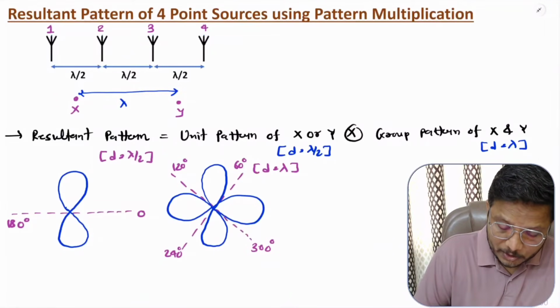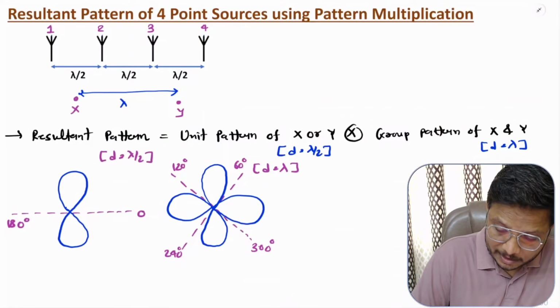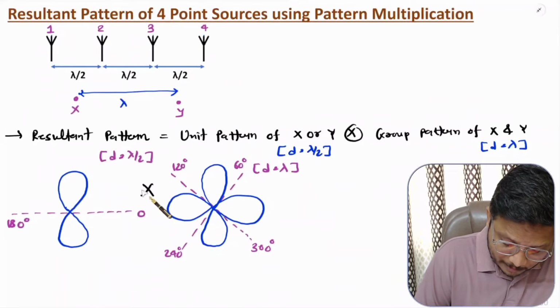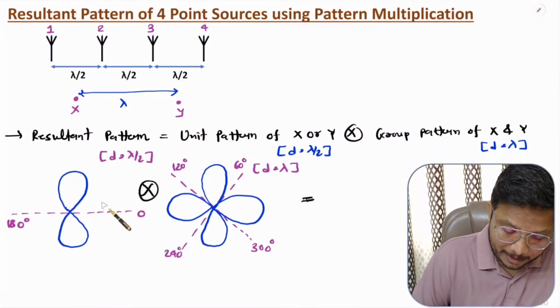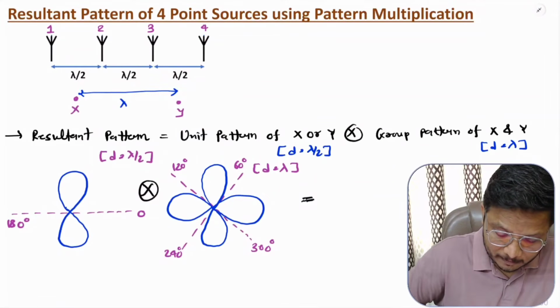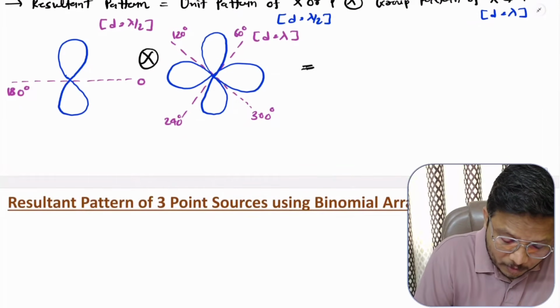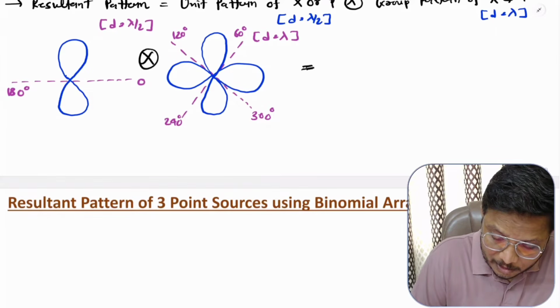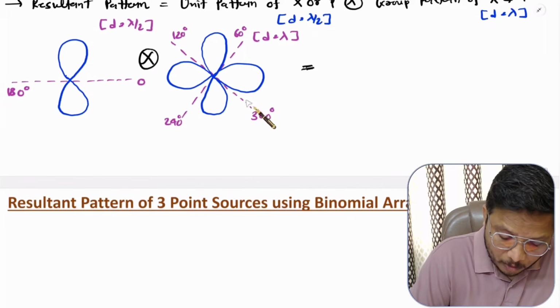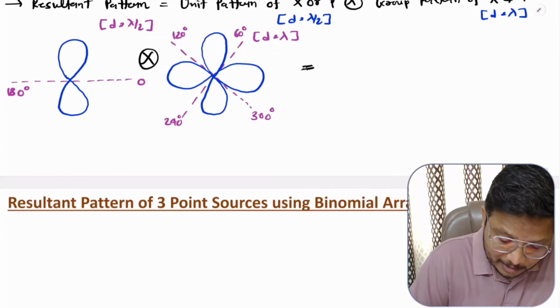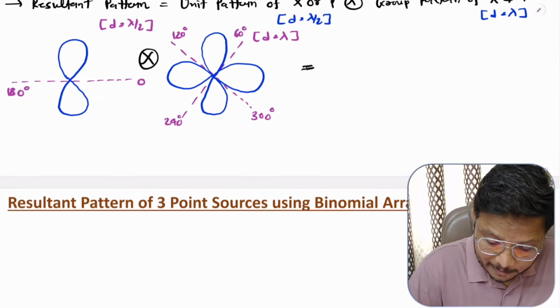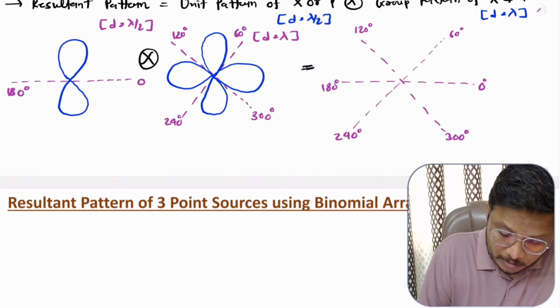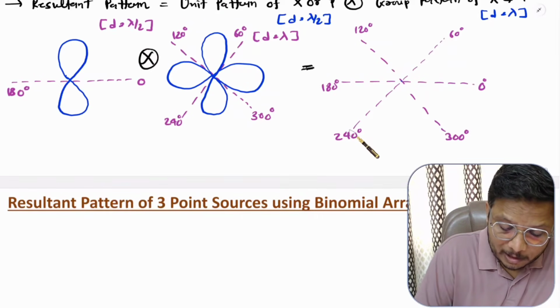Once we have the unit pattern and group pattern, we need to multiply these two, which results in the equivalent pattern, that is the resultant pattern. When you want to plot the resultant pattern, you need to draw all the nulls first. So here nulls are happening at 0, 180, 60, 120, 240 and 300. Now I have plotted all the nulls.